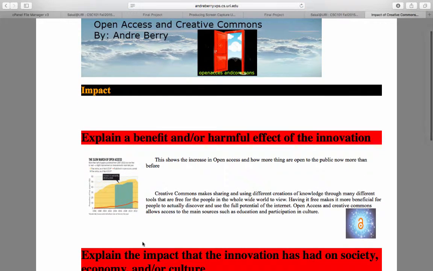Effects and impacts. I have a chart right here showing the increase in open access and how more things are open to the public now than before. Before, you had to go to the library and take out magazines and books to see the new things in the world. But now we have open access, and having this availability online at the tip of your fingers makes it so much easier.